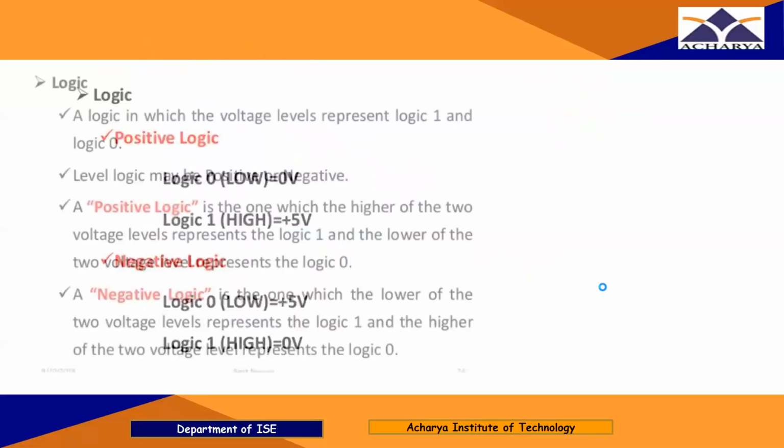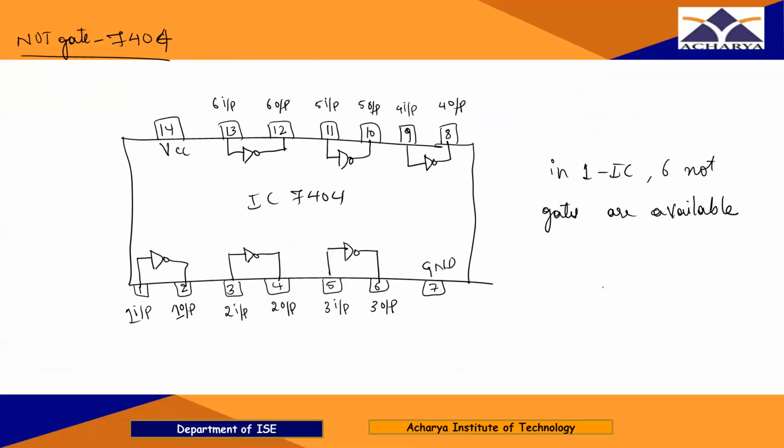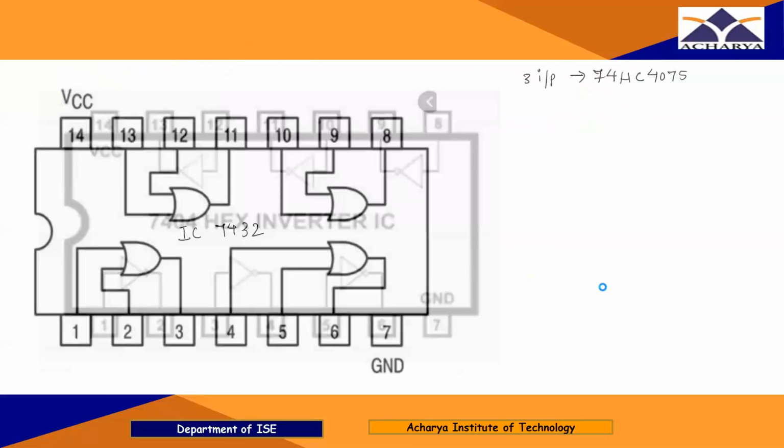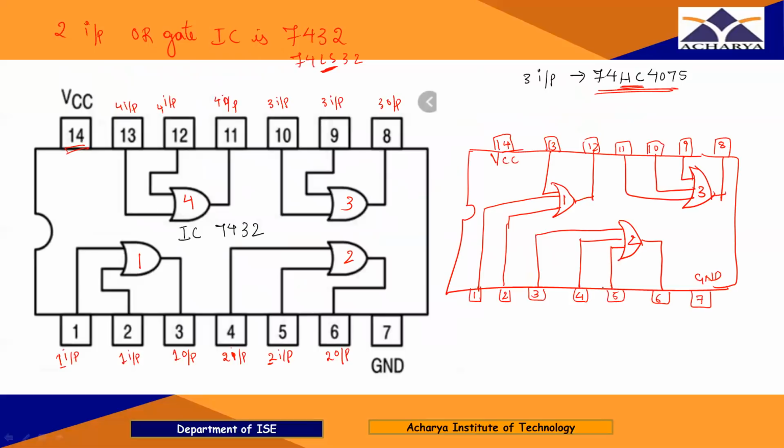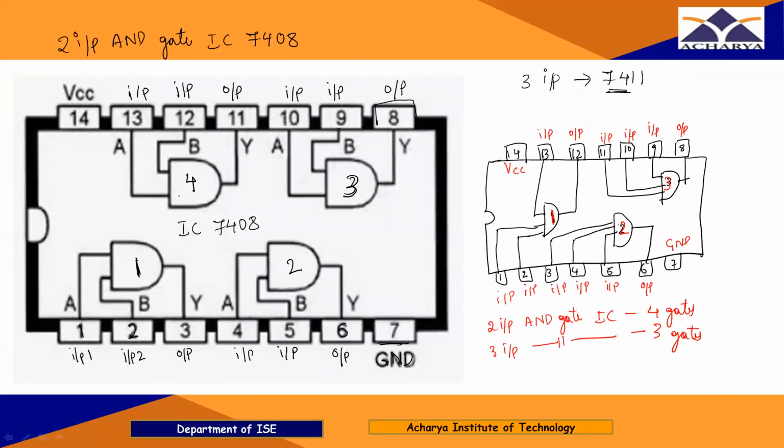So just observe here, I have 4 OR gates in one IC, which is of 2 input, and 4 AND gates in one IC, which is also of 2 input. If it is 3 input, I will be having only 3 gates. So you can observe here, this IC is for 3 input. I have 3 AND gates, right?